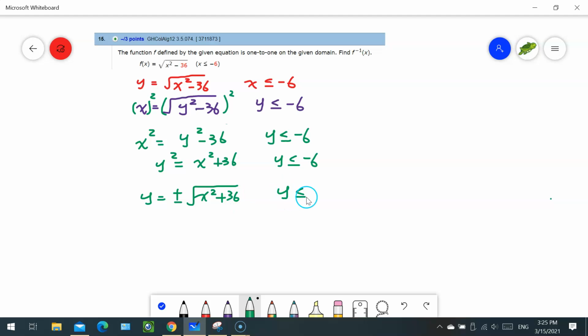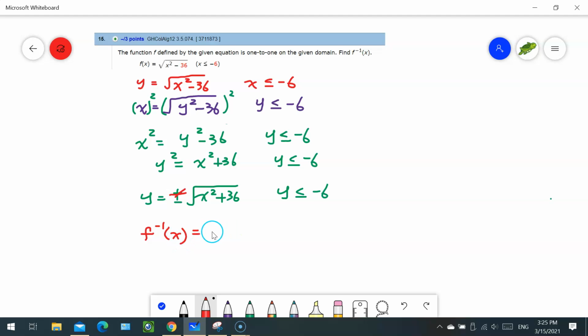Now, on the restriction here, it tells us y is less than or equal to -6. So we only keep the negative value, and ignore the positive y value. So here, I'm going to rewrite the y into the f inverse of x.